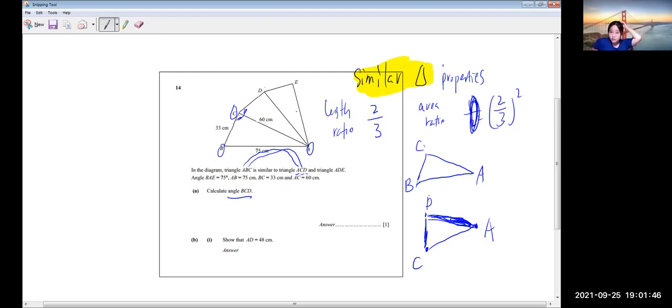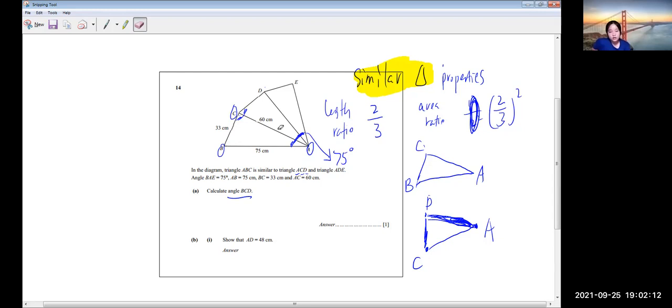BAE, the three of them add up to 75. So AB is 75, noted down. BC is 33, noted down. Then AC is 60.